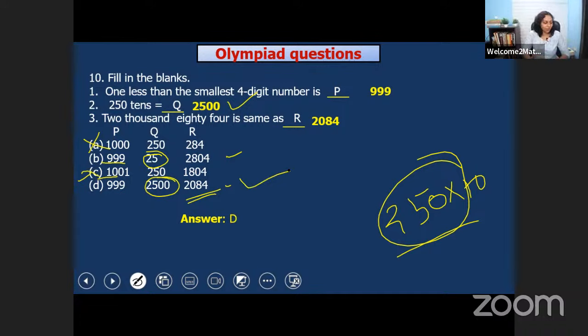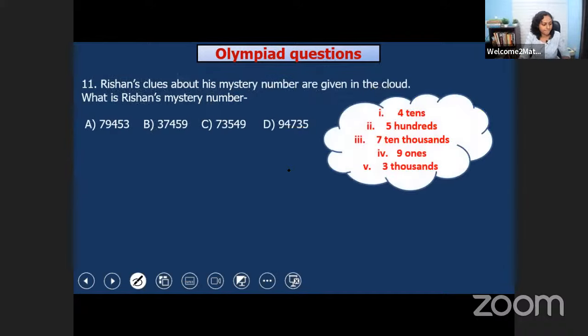Okay, so let's move on. Let's solve one more question. Now it's a very interesting question for you. Can you help Rishan? You have to solve a mystery. Rishan's clues about his mystery number are given in the cloud. You see the cloud? So what is Rishan's mystery number? That you have to find out.